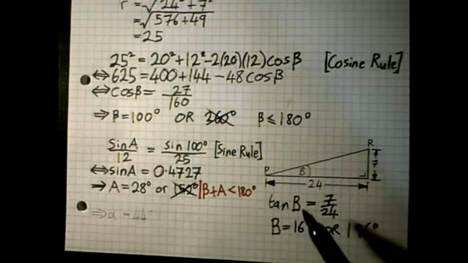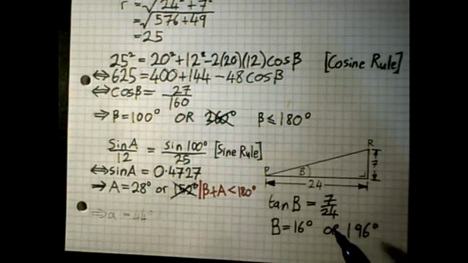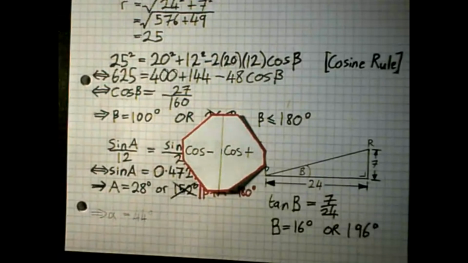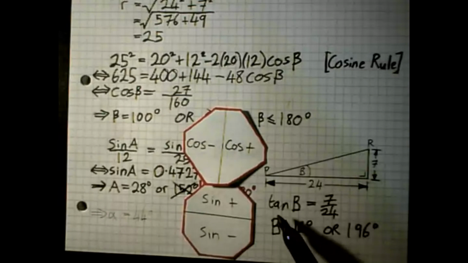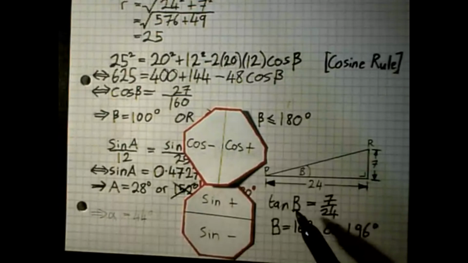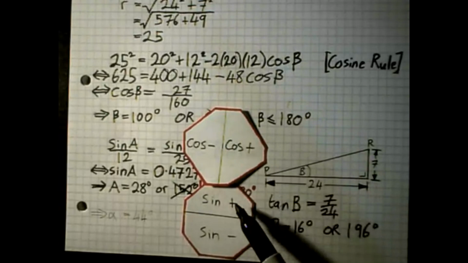I know that tan of this angle is equal to the opposite divided by the adjacent, so it's 7 divided by 24, and if I get out my unit circle ideas again, the situations where tan is positive are in this quadrant here because both cos and sine are positive.